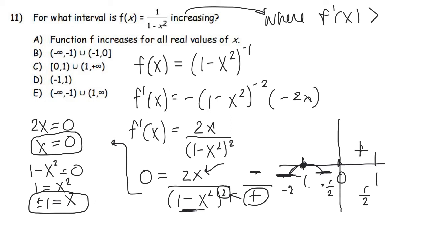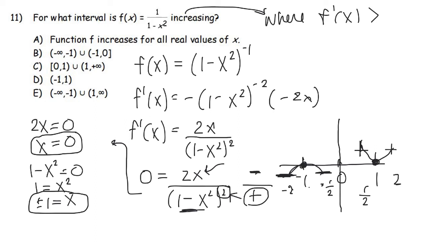And then on the other side of 1, let's pick a 2. And again, if I plug into my derivative just to see what the sign is, that sign is going to still be positive. So we're positive over here. Now remember, at 1 it was 0, so it's doing something funky over here, but we're still above the x-axis. So let's look at our answer choices.